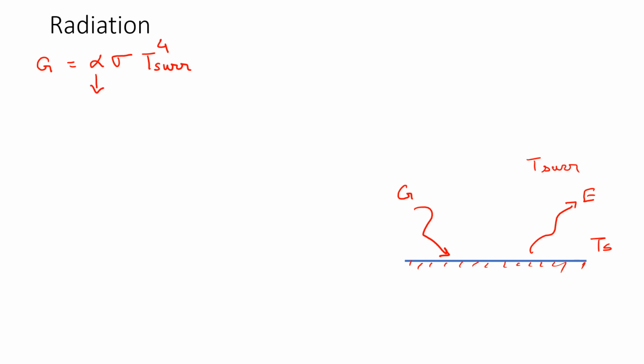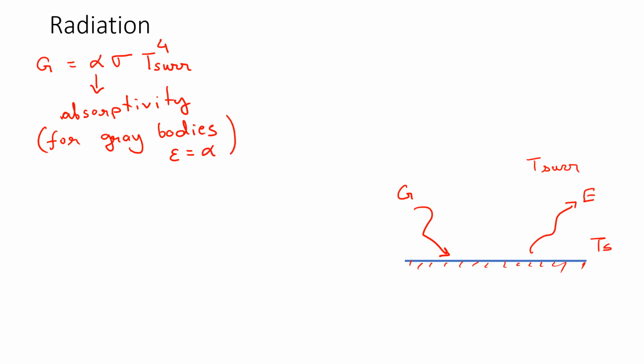Now alpha here is the absorptivity of the surface, and for gray bodies your epsilon, that's the emissivity, will be equal to your alpha, which is the absorptivity.